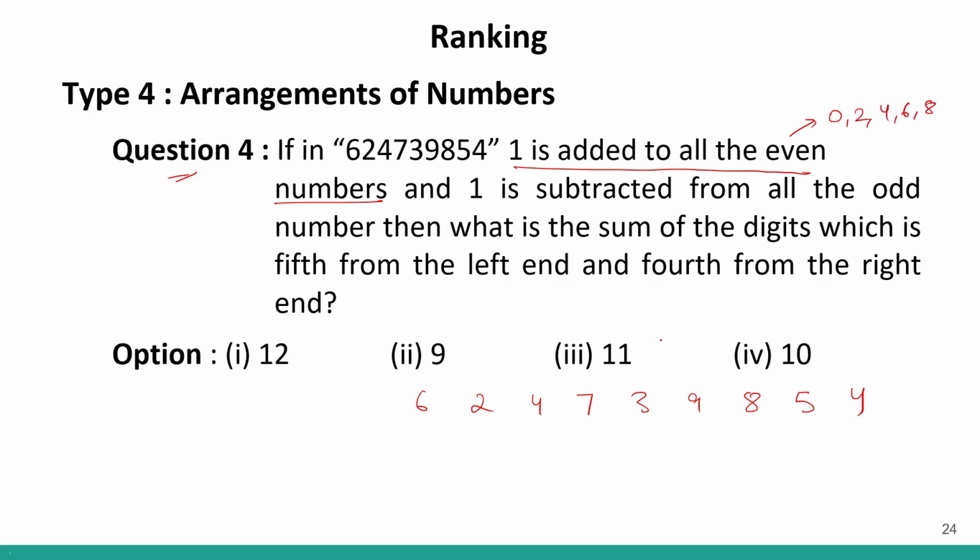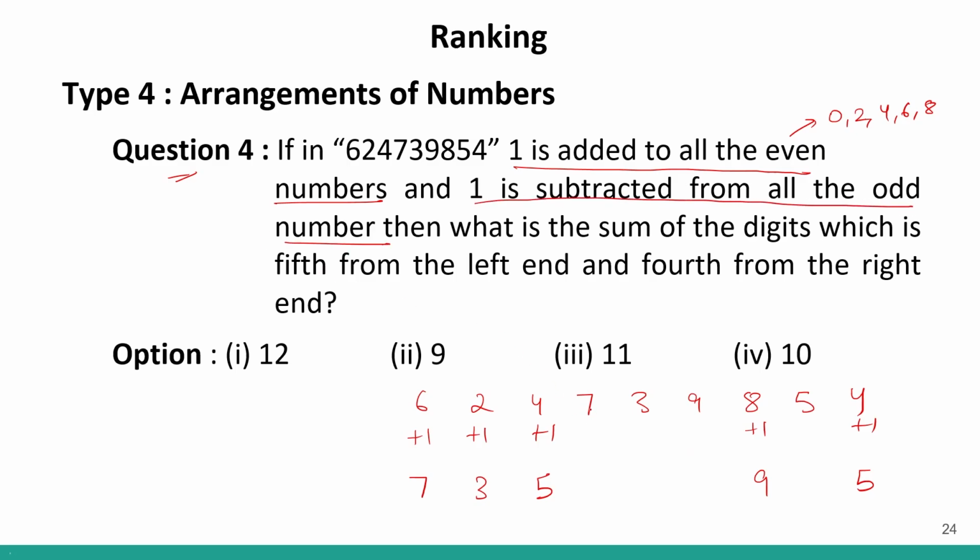These are your even numbers, correct? So we will add 1 here, 1 here, 1 here, then 1 here and 1 here. So I will get 7, 3, 5, 9 and 5. Correct? It is said that 1 is subtracted from all the odd numbers also.